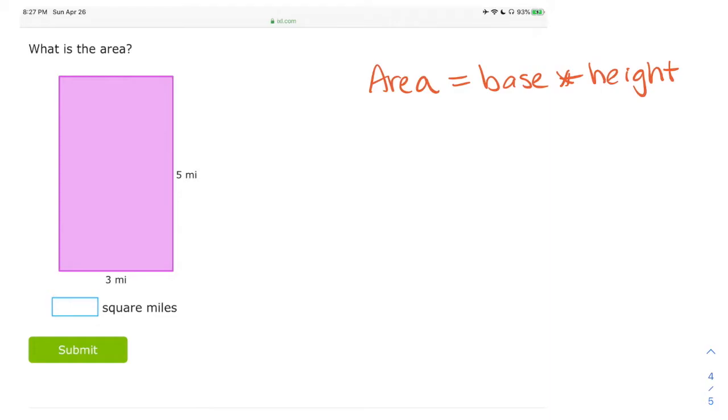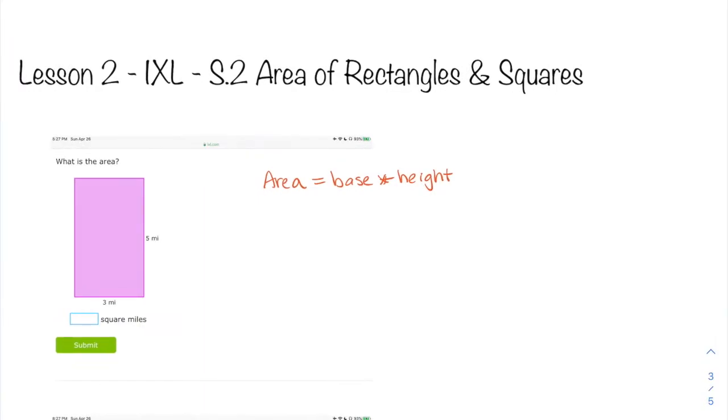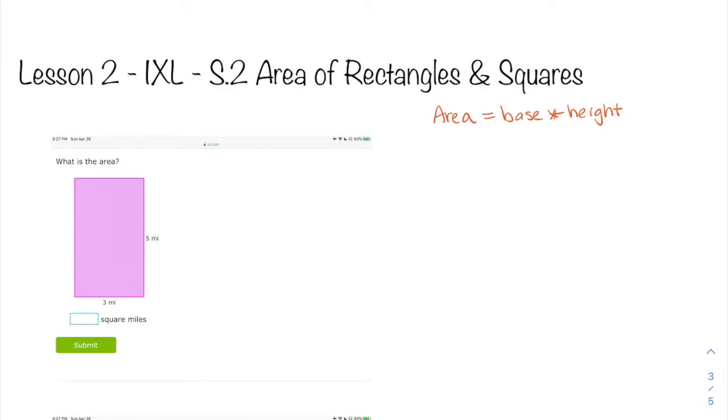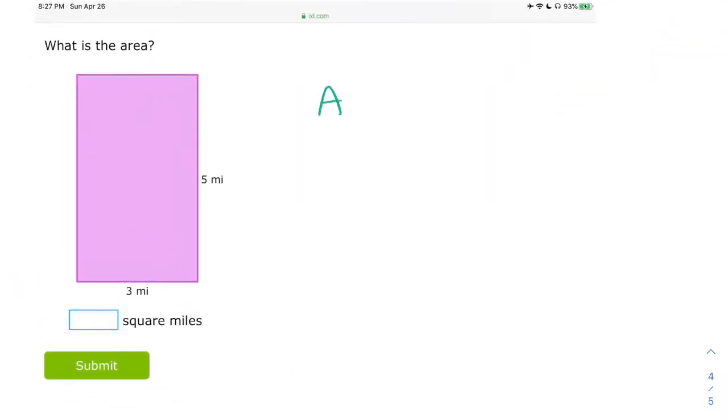So in this first one, let me move that over here. Area is base times height.